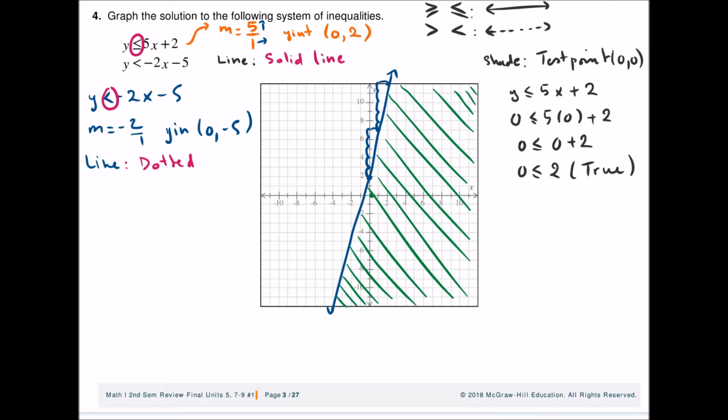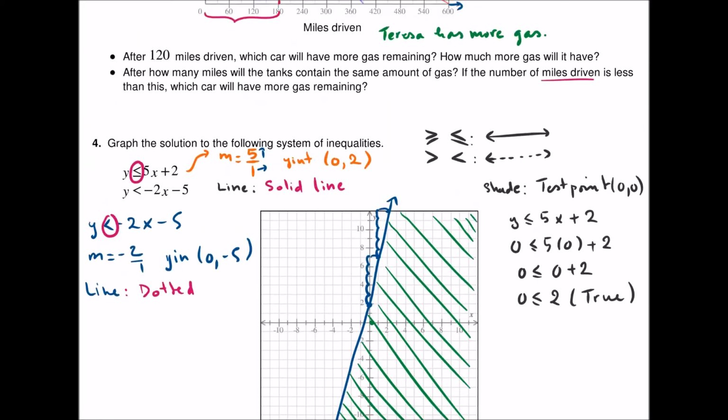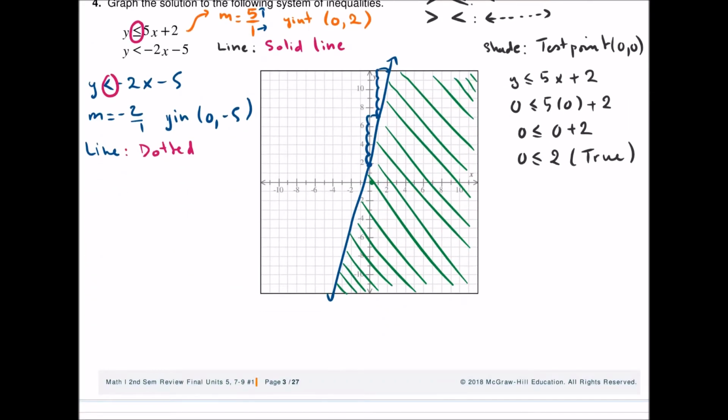Let's graph this one first. 0, negative 5 is down here. Negative 2 over 1 for the slope, so go down 2 over 1. And we use a dotted line to connect the dots.